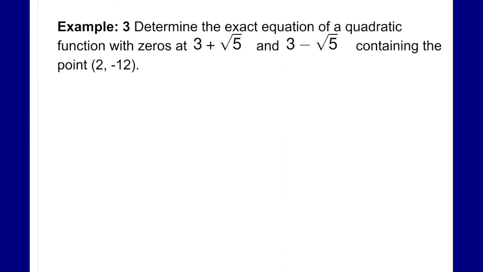Next example, again, same concept, same idea. We're given a different form of the zeros. In this case, 3 plus root 5 and 3 minus root 5. Those are still our x-intercepts, and we're still given a point.